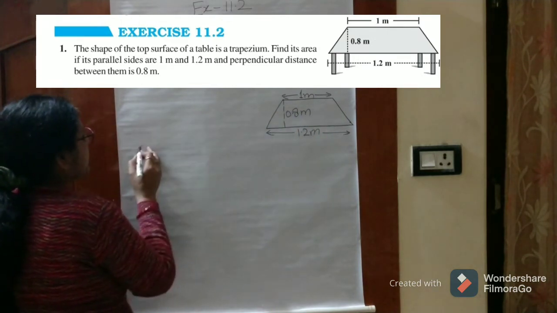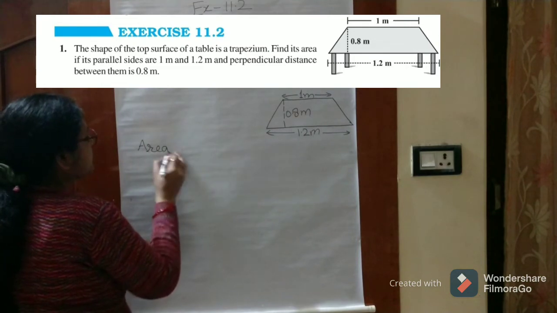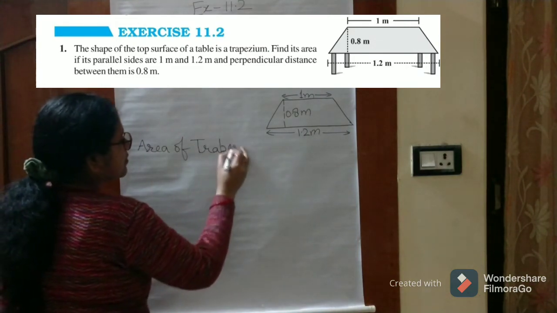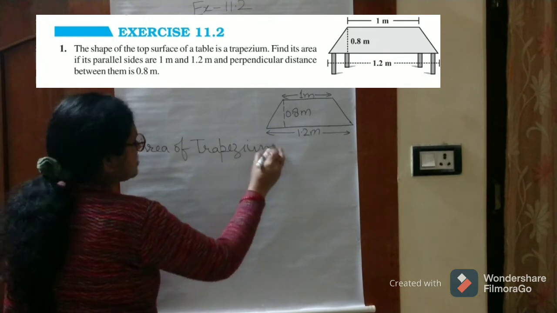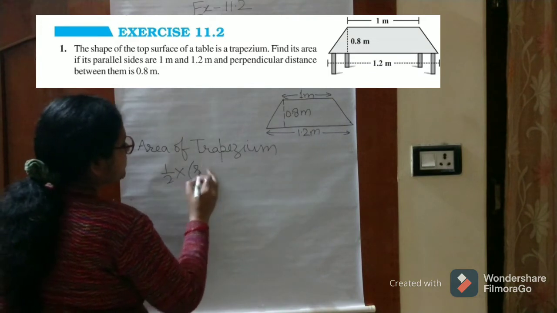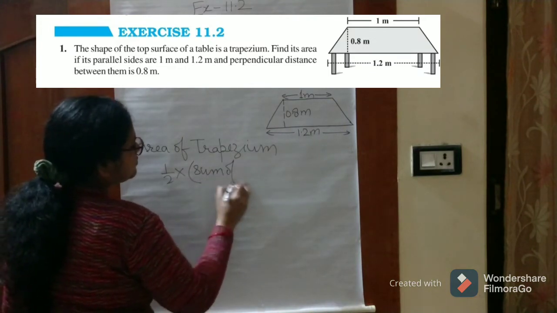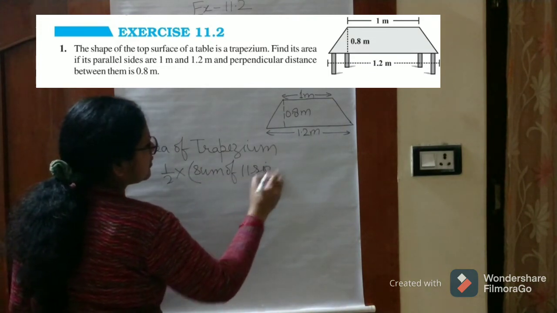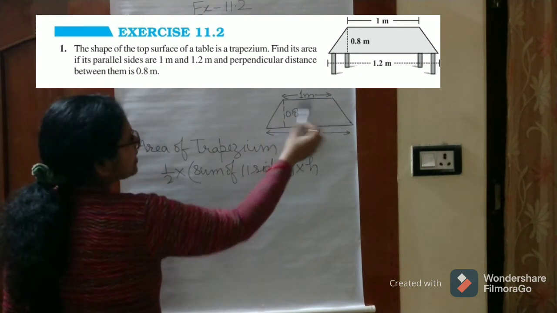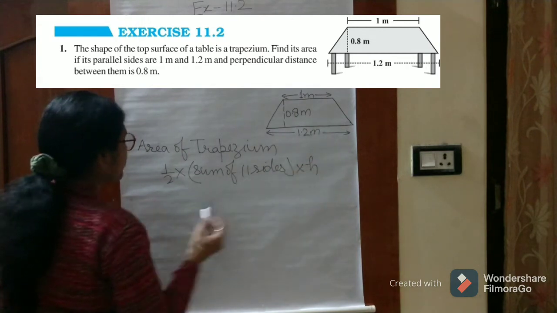So, area of trapezium formula is half into sum of parallel sides into height or the distance between them. So one parallel side is 1 meter, the another is 1.2 meter.